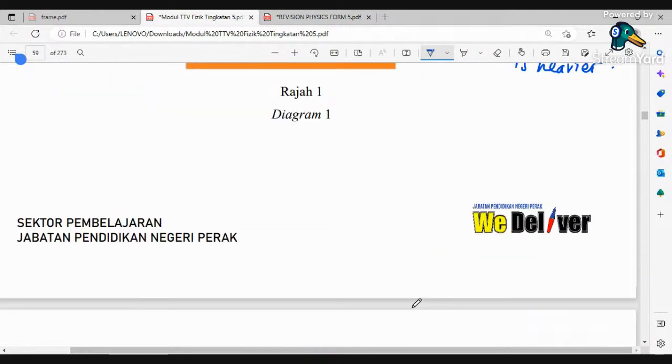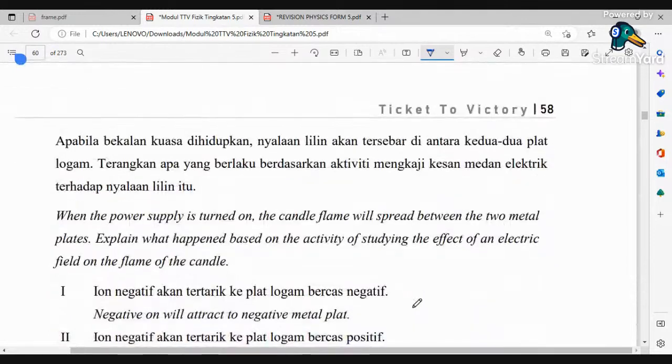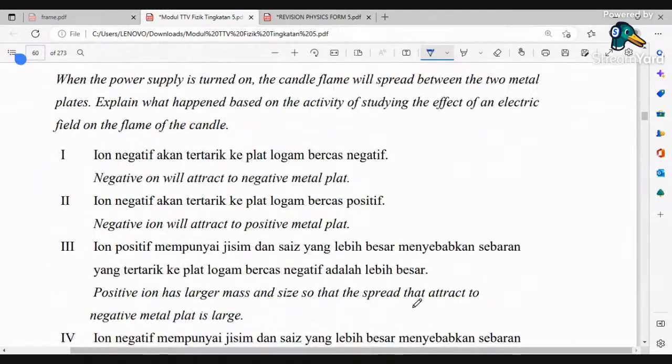Look at which one is correct. When the power supply is turned on, the candle flame spreads between the 2 metal plates. Explain what happened based on the activity studying the effect of electric field on the flame of a candle. Negative ion will be attracted to negative plate? Negative cannot attract negative, so wrong. Negative ion will be attracted to positive, yes.